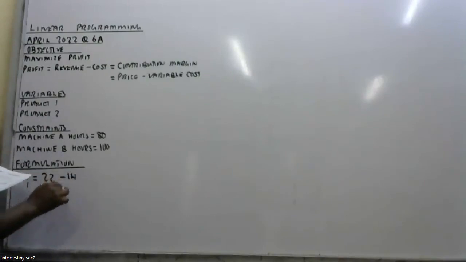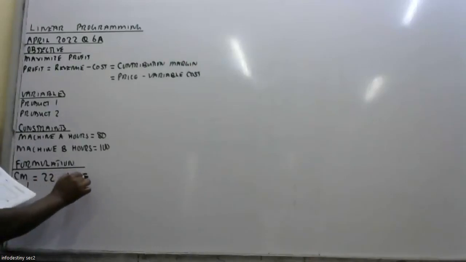Let us compute the contribution margin for product 1. The selling price of product 1 is 22 minus the material and labor, which is 14 shillings.